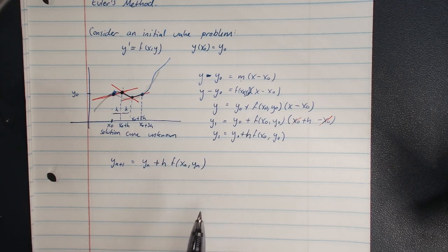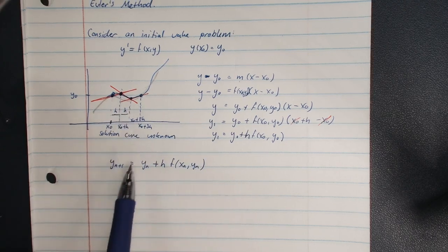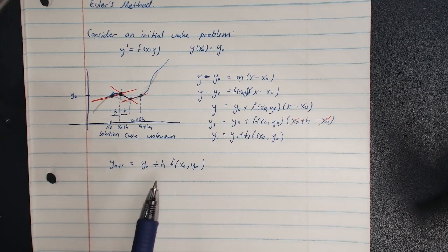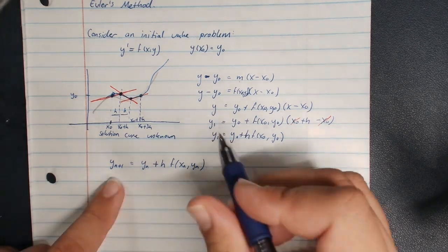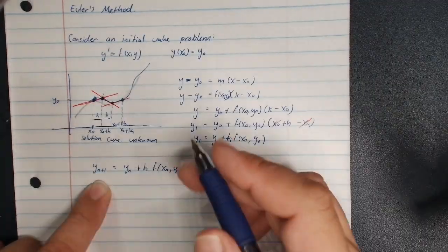This gives a recursive algorithm. It tells you if you have x naught, y naught, you can find y1. If you have then x1, y1, you can find y2. If you have x2, y2, you can find y3, and so forth and so on, until you have as many points as you need along your curve.